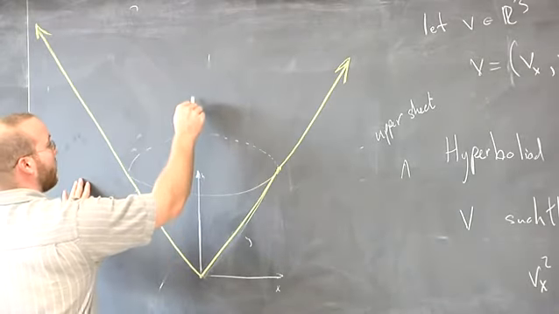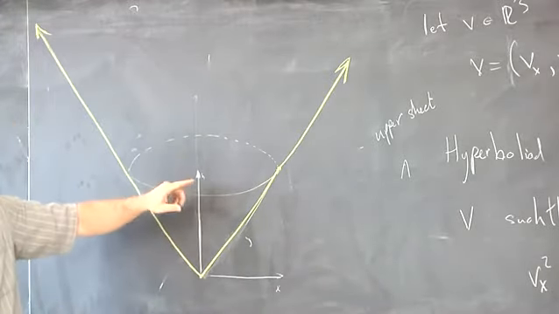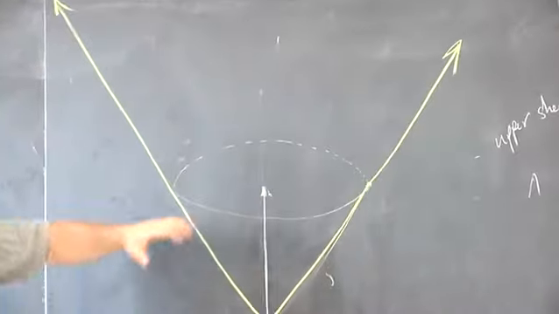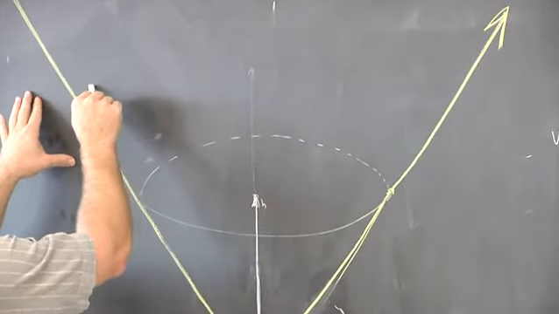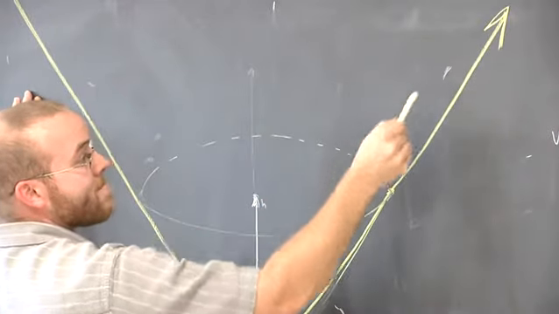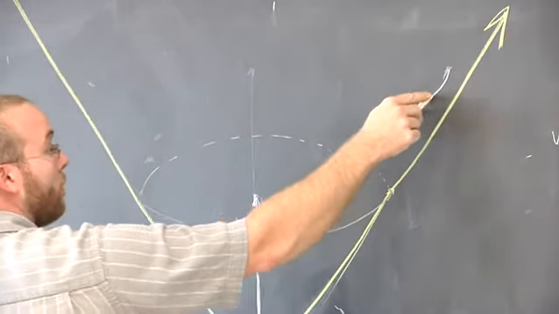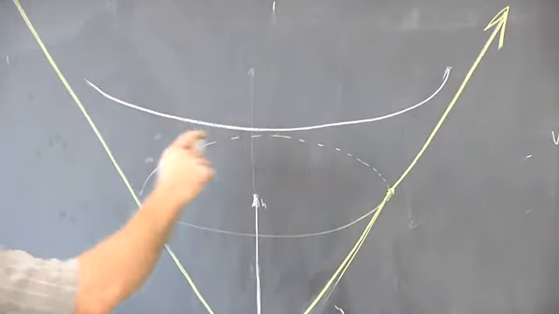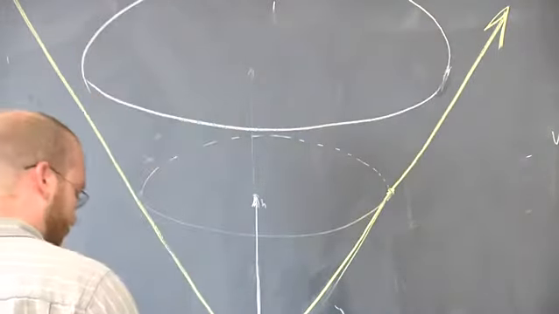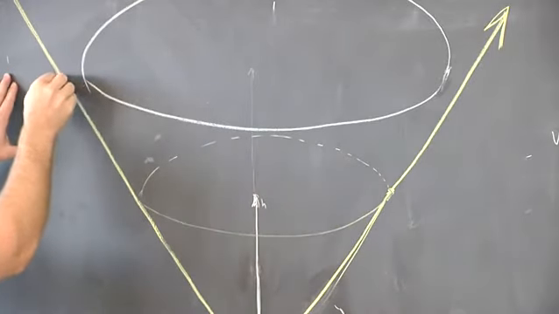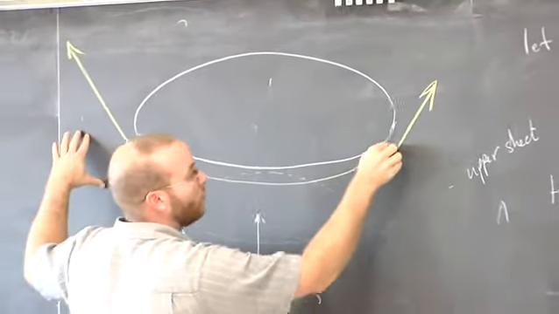If I were to go up 2 heights, so I went past the light cone, or past the hyperboloid at this spot, and I think of drawing things on the hyperboloid that satisfy this equation, you'll end up getting a circle that looks something like this. Right here. This is sort of the light cone at this, with vectors of VH at height 2.